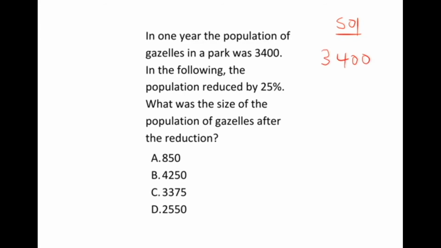Then we are told that it reduced by 25%. Therefore, we take 100 minus 25. So the gazelles which remained in percent is 75%.